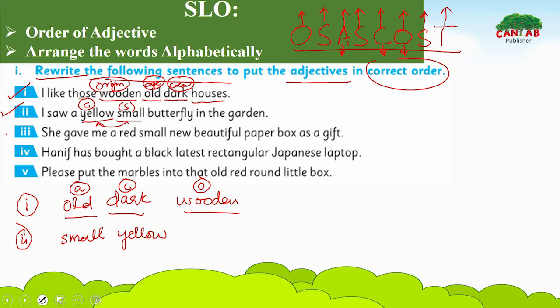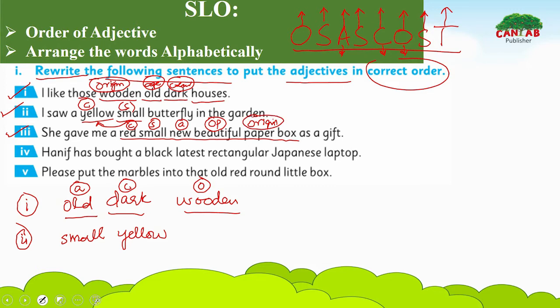Now the third one. She gave me a red small new beautiful paper box as a gift. Red is the adjective of color. Small is of size. New is of age. Beautiful is of opinion. And paper is origin.